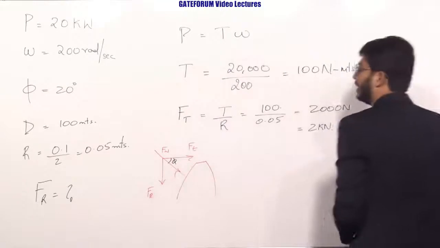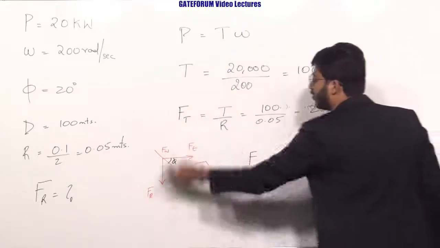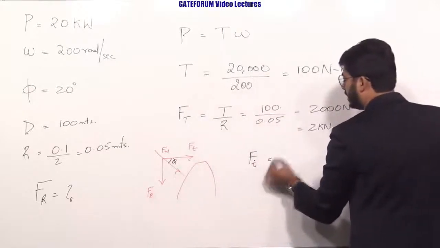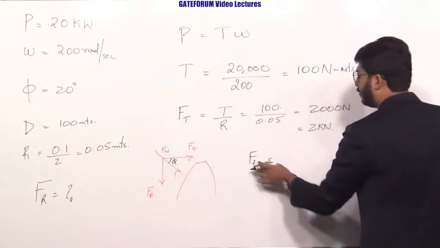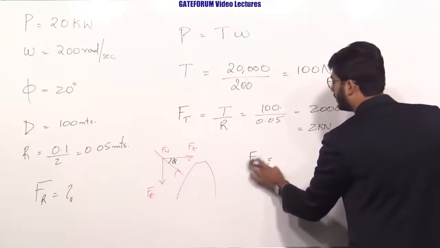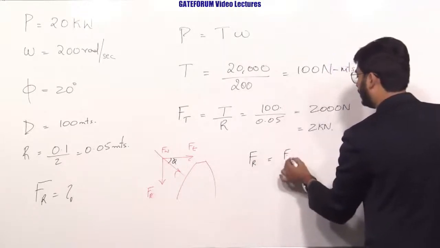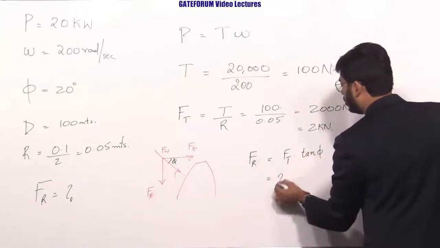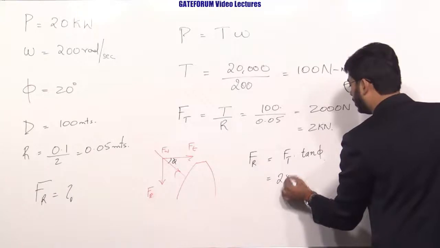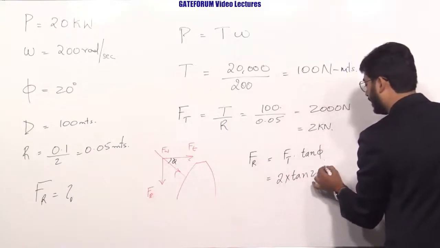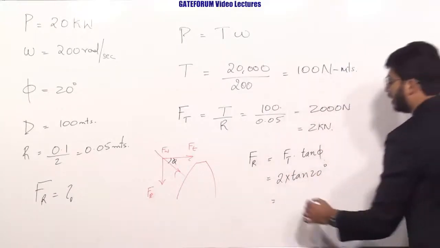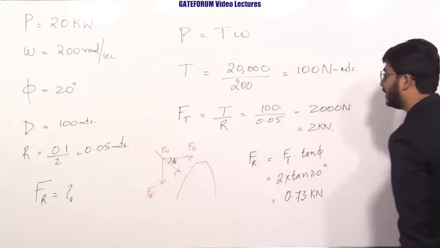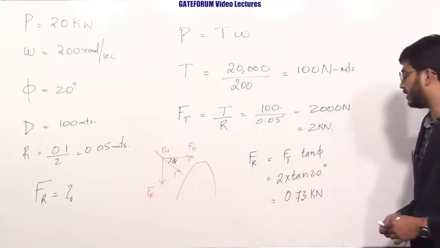So if I relate these forces, Fr is equal to Ft times tan phi, that is 2 into tan 20 degrees, which will give me 0.73 kilonewtons of radial load, which is matching with option D.